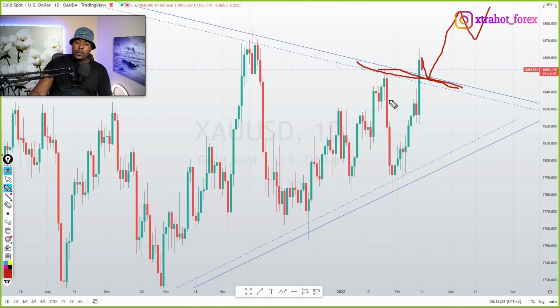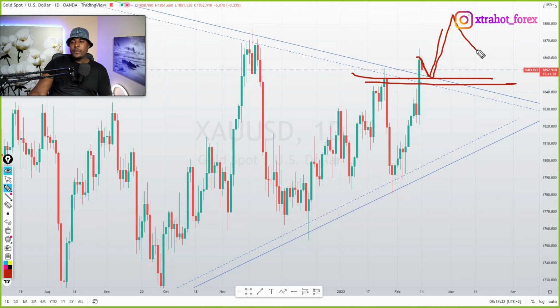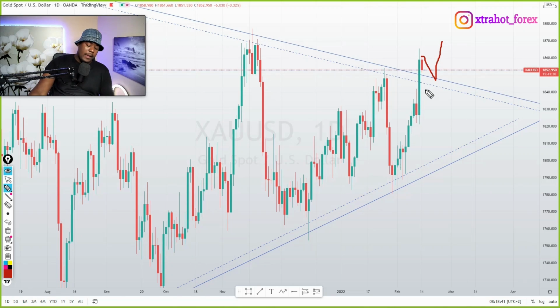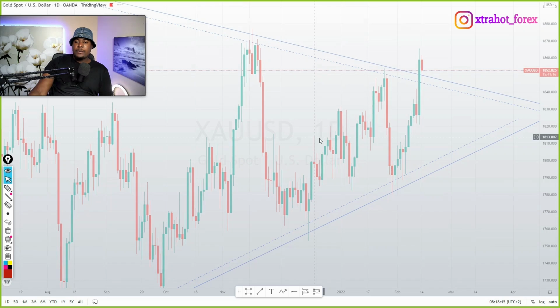I think gold is still on seriously bullish momentum, and that can help it push up. Around this area, I think the market is going to reach this area before we see another push, unless it's a fake move. But at the moment, I think it's a great move. I'm hoping for a retest before we see another push.